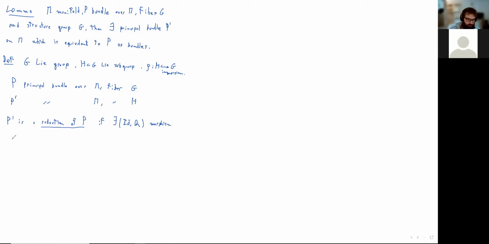Not just of bundles, but of principal bundles, of course. So a Rho morphism, to be precise, a Rho morphism of principal bundles such that H is actually injective.